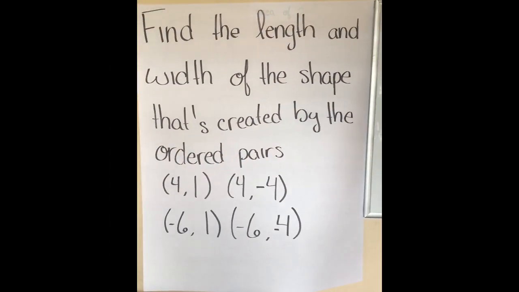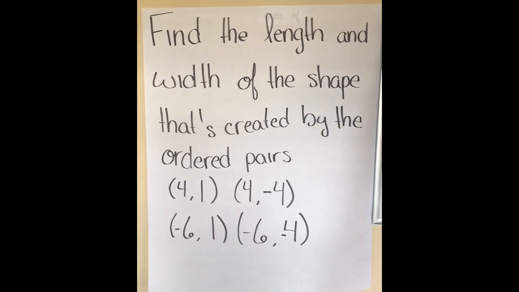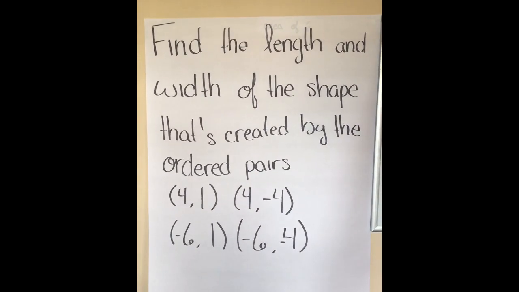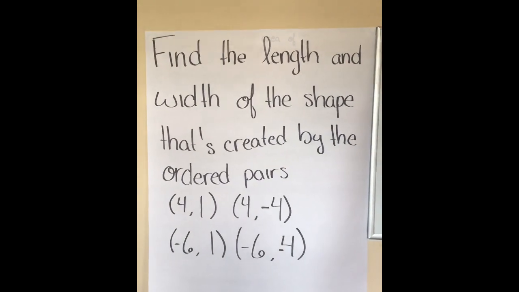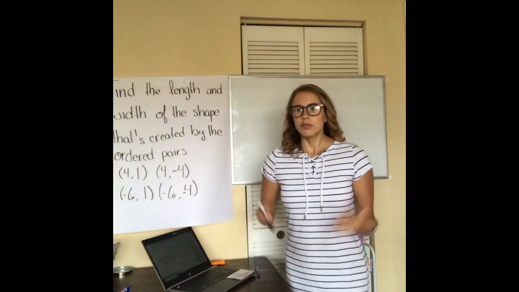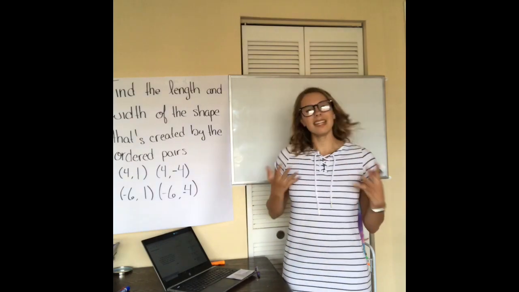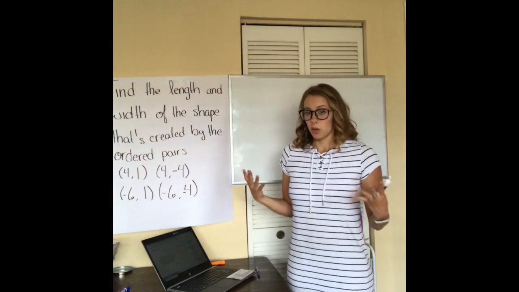So let's get started. Find the length and width of the shape that's created by the ordered pairs (4, 1), (4, -4), (-6, 1), and (-6, -4). What I'm going to do here is look at these ordered pairs and see if I see anything in common, which I do.